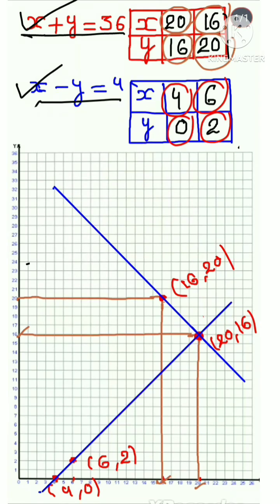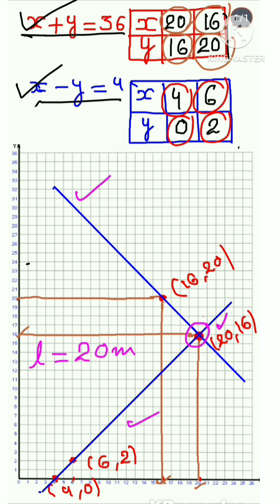Okay, here we can see these 2 lines have intersected at this point where the x coordinate is 20, which represents the length of the rectangular garden. So the length of the garden is 20 meter.